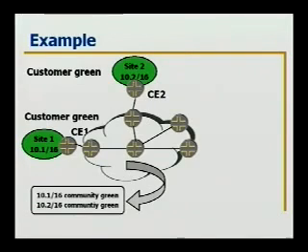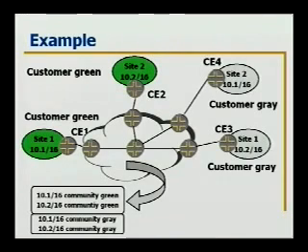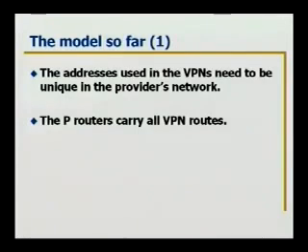So in the BGP advertisements, we have 10.1/16 community green, 10.2/16 community green, which would seem to be all right, except if we had two more sites from a different customer, customer gray, which was using the same, overlapping address space. We would have a problem, because we would attempt to advertise the same prefixes with different communities. So with the model we've seen so far, we have a problem.